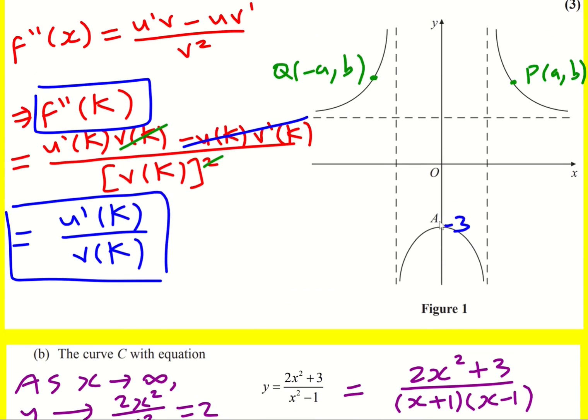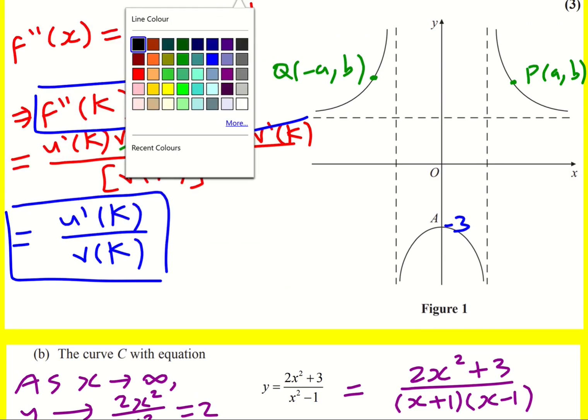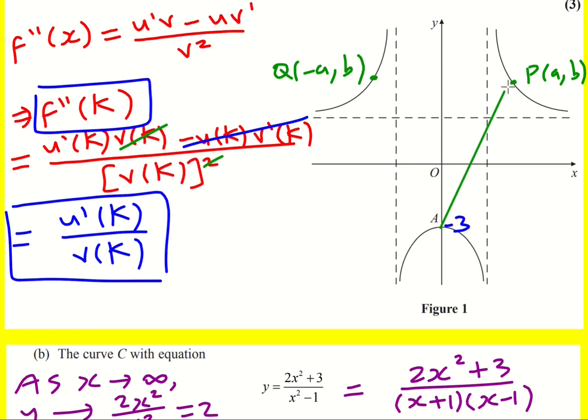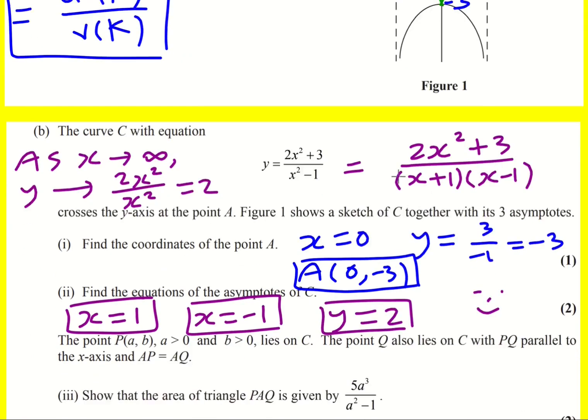And we've also got this point A. And furthermore, it said that AP is equal to AQ, so this all checks out. Okay, I didn't perfectly draw it in line, but it should be.